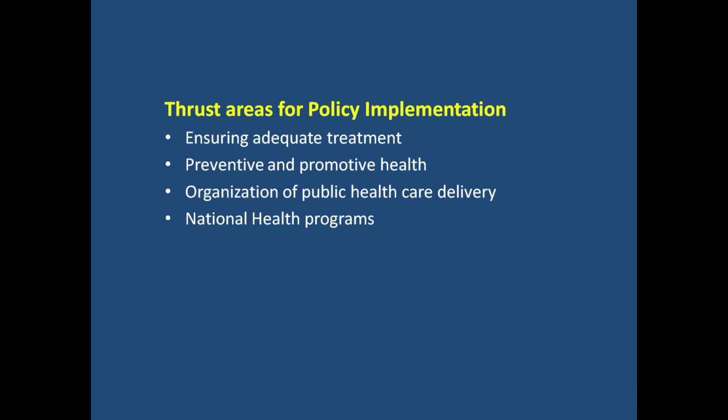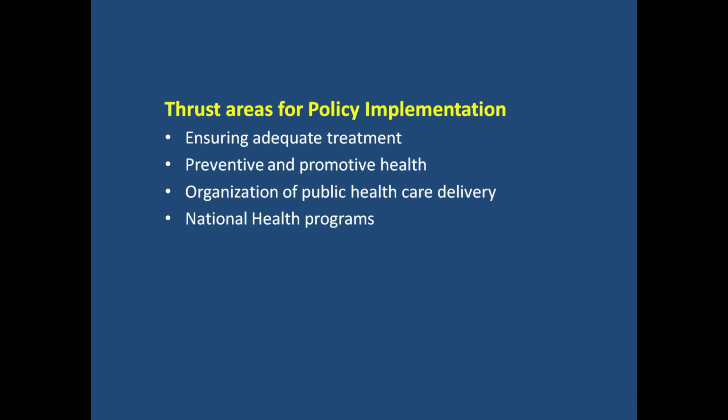Then the public health delivery system will need to be reorganized, looking at the public health system at the primary, secondary, and tertiary levels, and even at healthcare provided in urban and rural areas. We need to bring in certain changes. Then national programs have to be augmented. Their cost of delivery as well as quality needs to be improved.